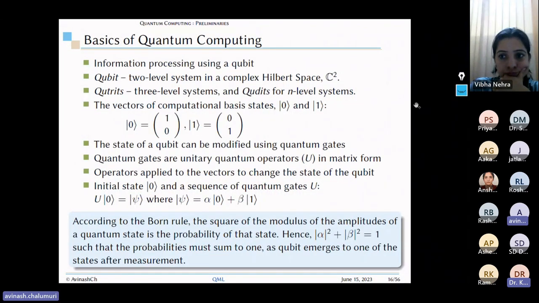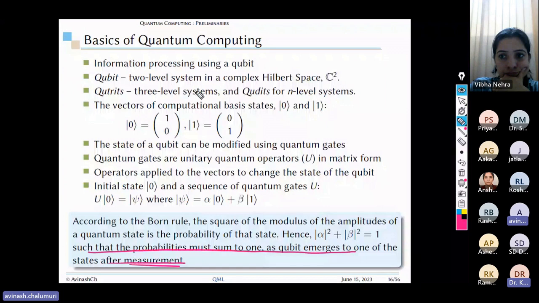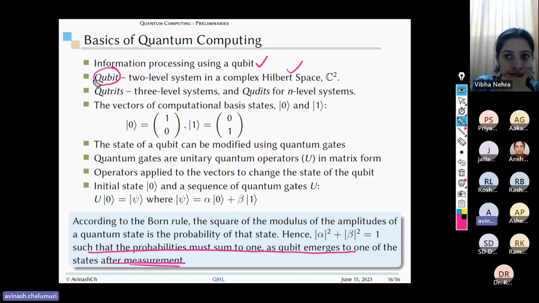So coming to the mathematical basics of quantum computing. The information processing units in quantum computers are qubits, and qubits operate in Hilbert space. People are now trying to develop qudits where we have three states, not just 0 and 1.